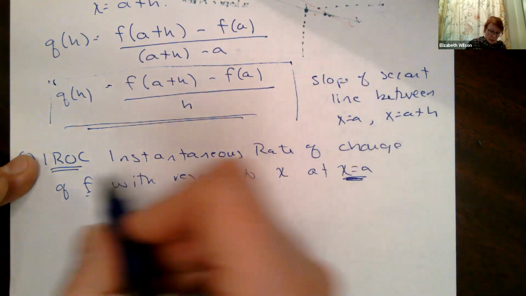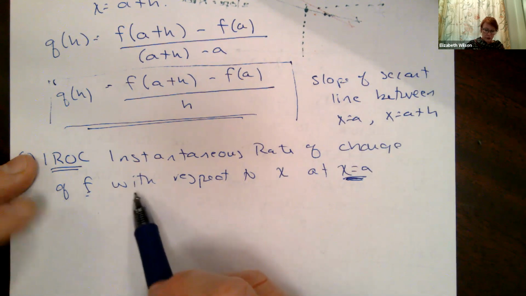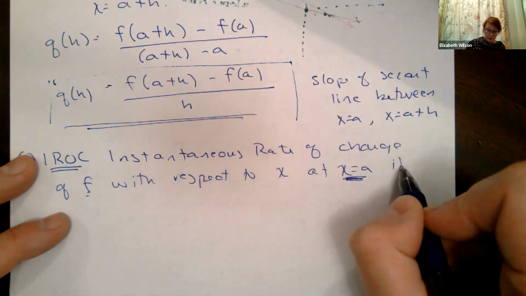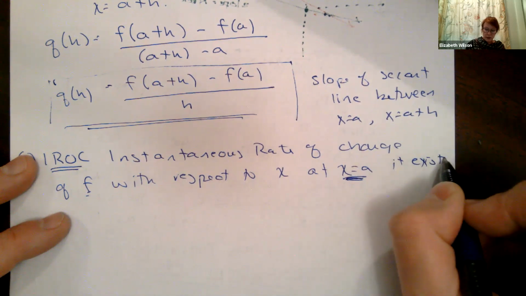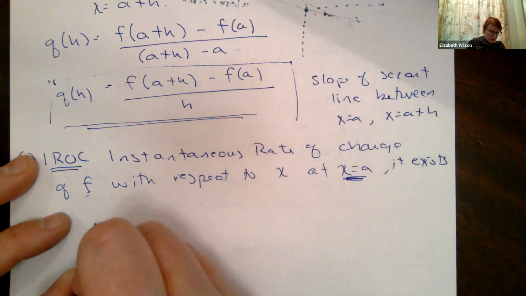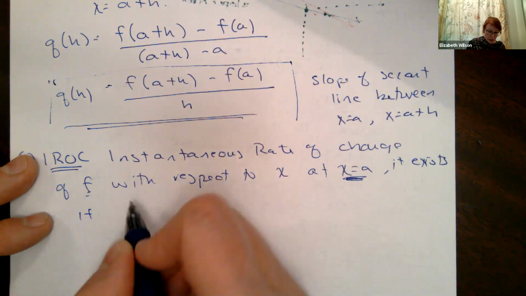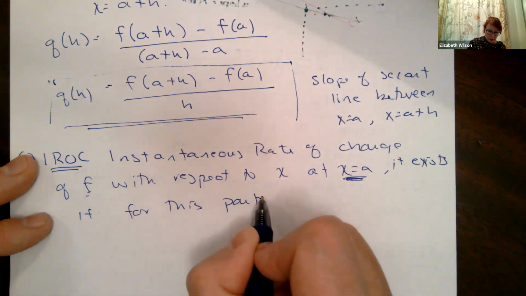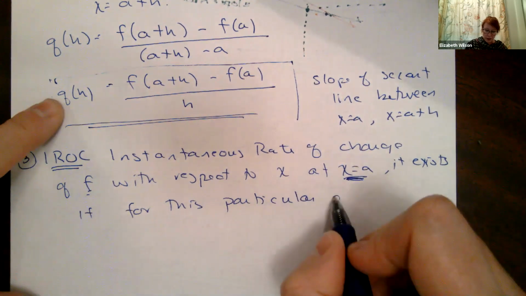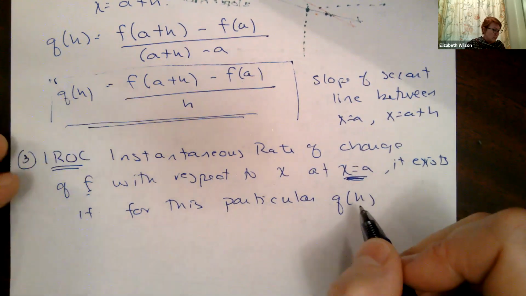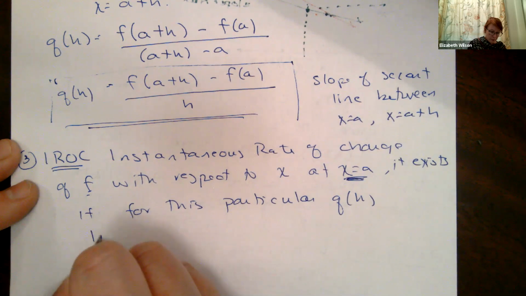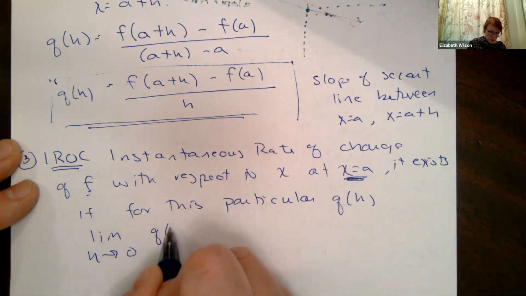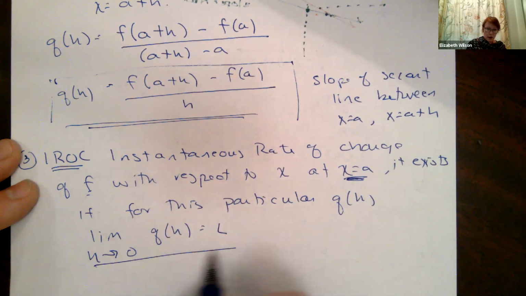So we're going to say our instantaneous rate of change of our function with respect to x at x equals a exists. We're going to talk about existence next week. It exists if for this function q of h, this slope value, the limit as h approaches 0 of q of h equals a number.